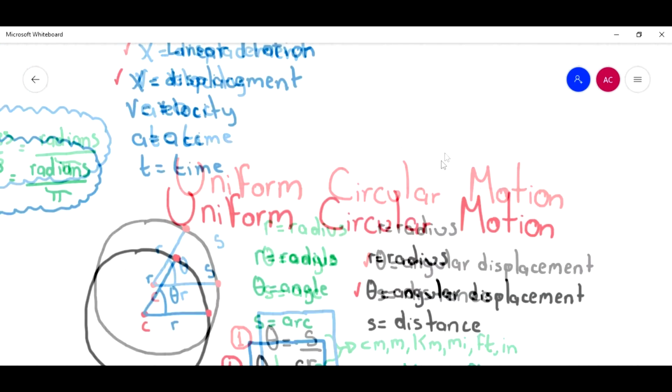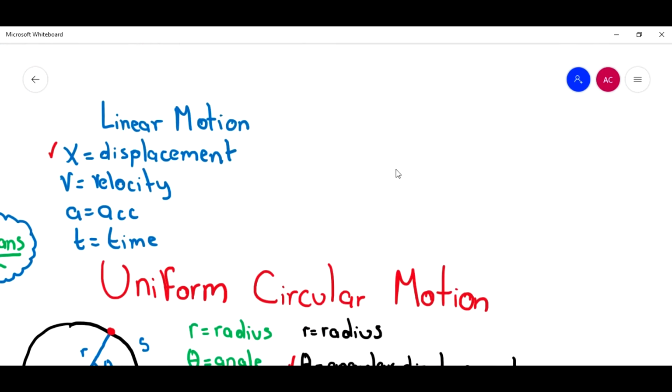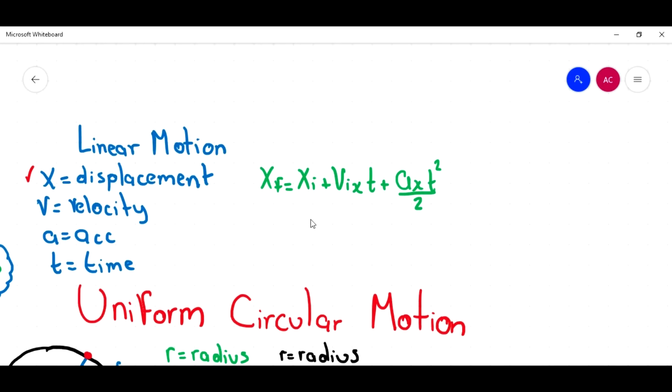If you remember, in linear motion we got an equation: final position equals initial position plus initial velocity in x multiplied by the time plus acceleration in x multiplied by time squared over 2. If you remember the previous two topics, parabolic throw and horizontal throw, the initial position was 0 meters and the acceleration in x was 0 meters per second squared.